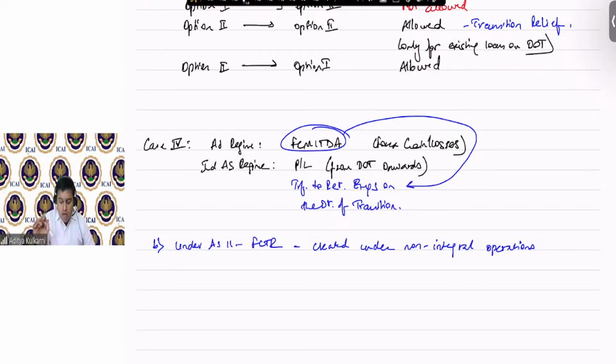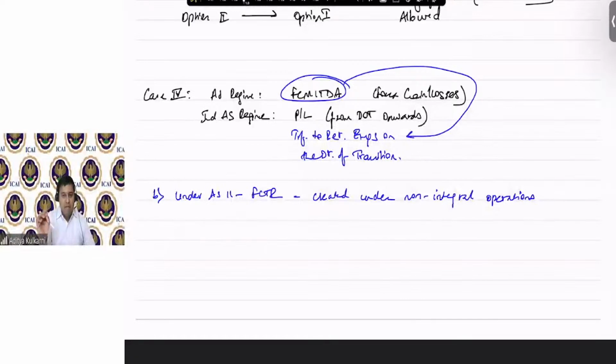Now there is no concept of integral, non-integral operations under Ind AS. Therefore, what we have right now is that Ind AS 21 talks about functional currency. Therefore, you have two options to do with this FCTR.